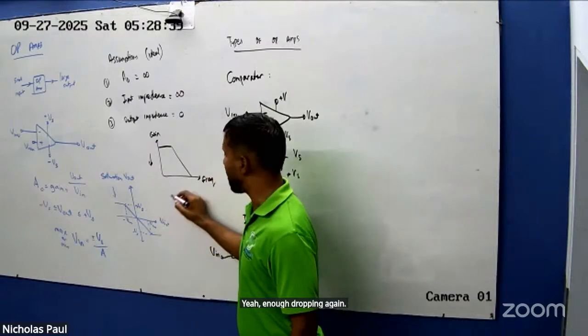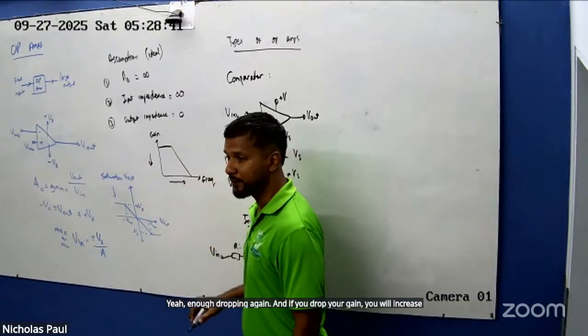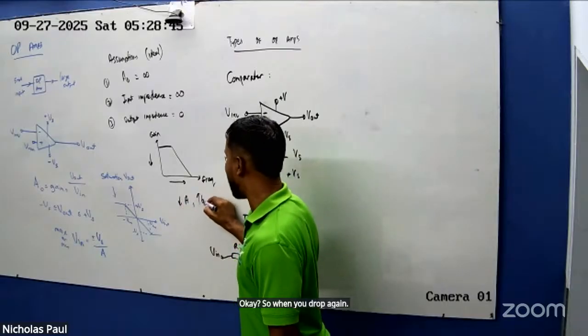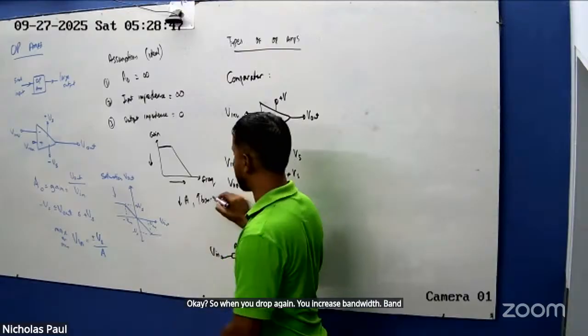And if you drop your gain, you will increase your bandwidth. Okay? So when you drop your gain, you increase bandwidth. Bandwidth means the range of frequencies.